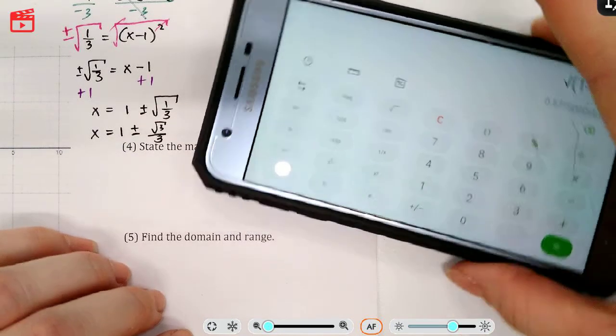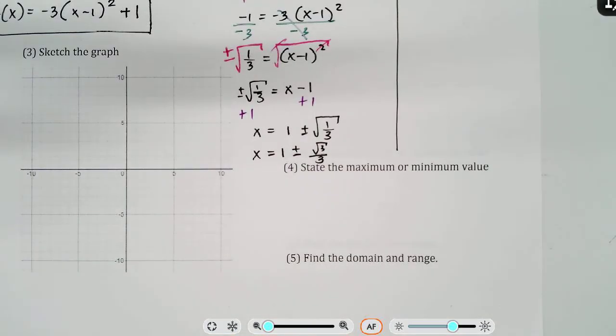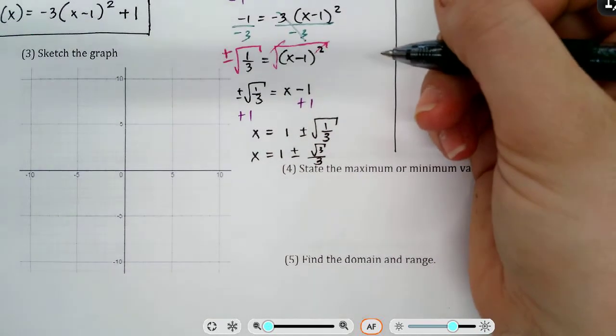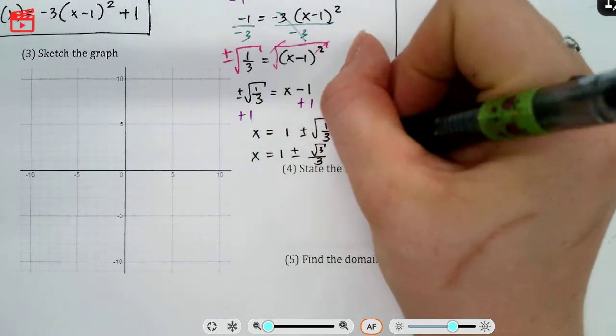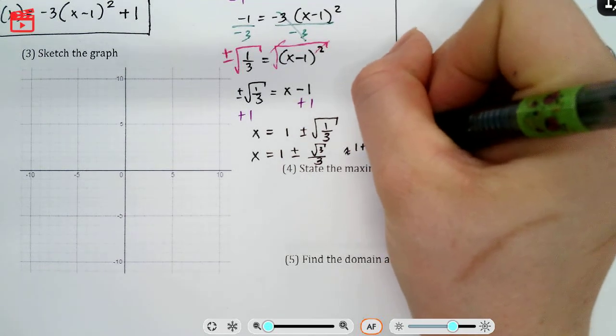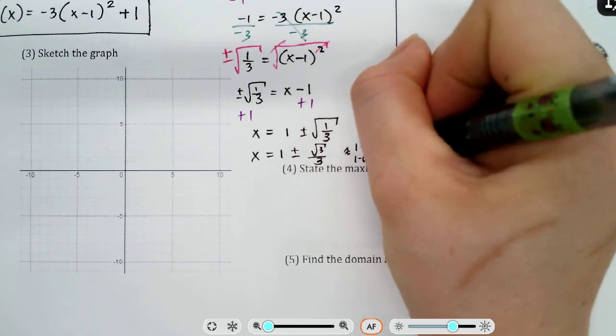Okay, let's just go with half. Actually, let's go with 0.6 actually. So for graphing this, that's going to be 1 plus 0.6 and 1 minus 0.6.